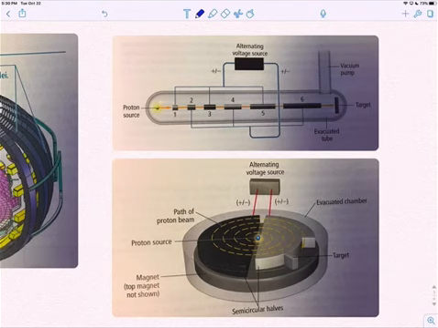At a certain point, it becomes what's called relativistic. It doesn't really get any faster in terms of its speed. It basically becomes close to the speed of light, and if you put more energy into it, the momentum of it just increases, or the apparent momentum increases.